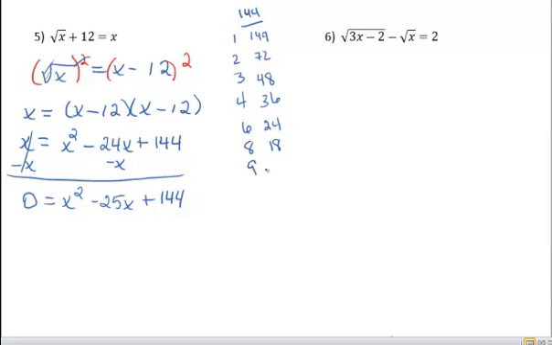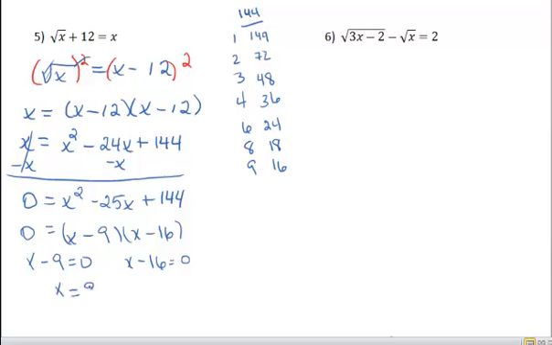And then we have 9 times 16, that one does work. So we can factor it. We have x minus 9 and x minus 16. Set both of those equal to 0 and solve. So you get x equals 9 or x equals 16.